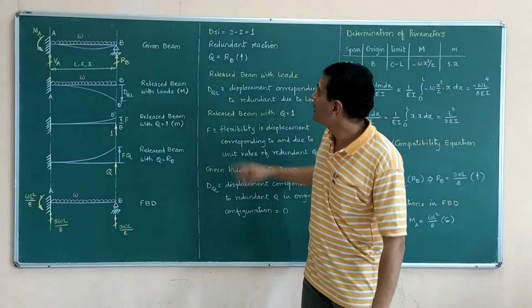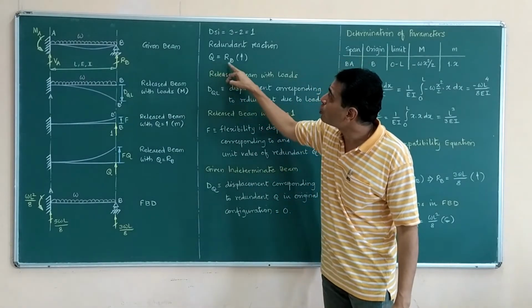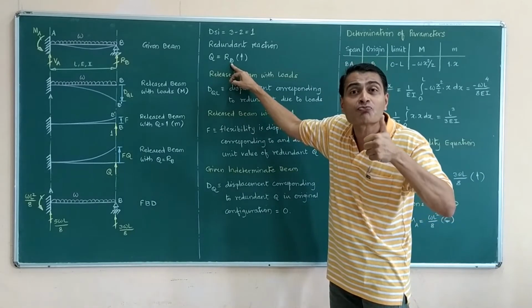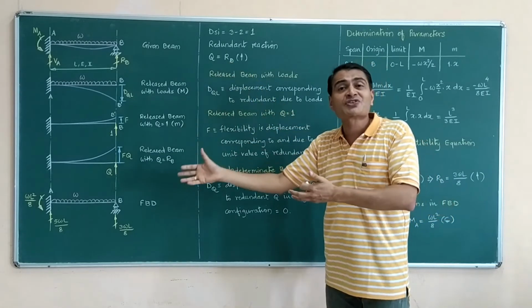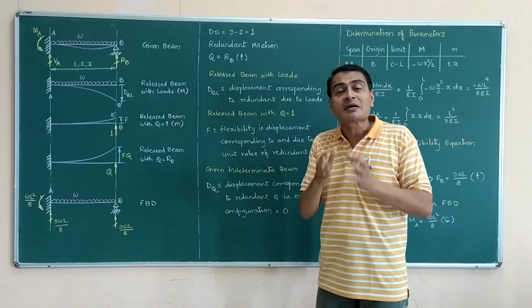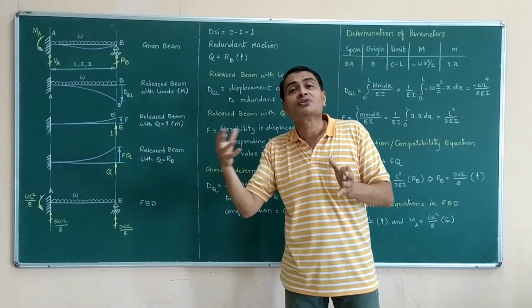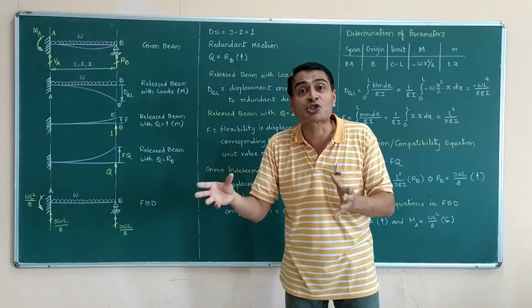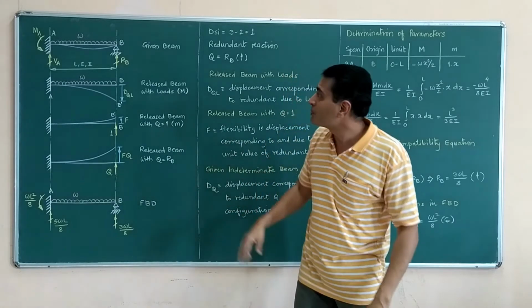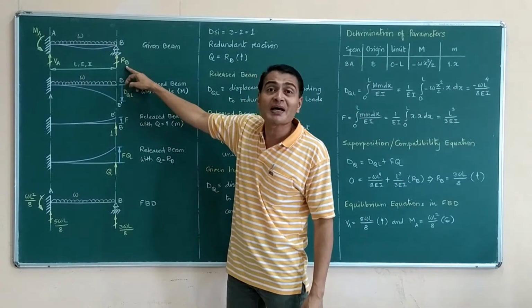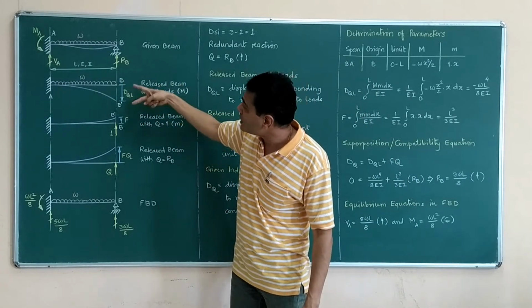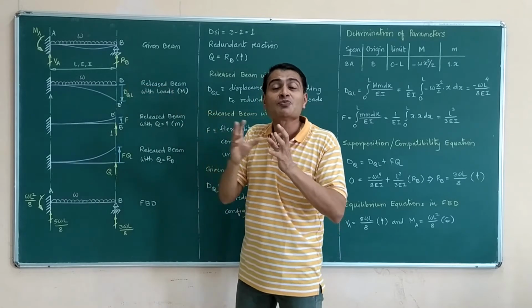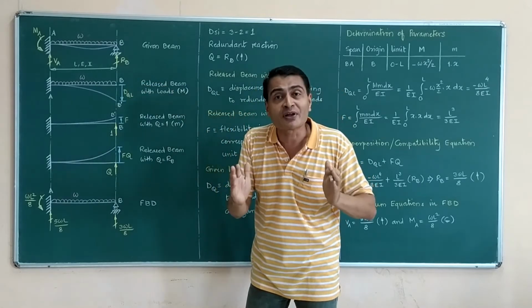Try to understand, my redundant force is RB. It is not a couple moment, it's a force. And as we discussed a couple of minutes back, corresponding to force, the displacement is deflection, translation. So if RB is my redundant, corresponding to RB, this particular deflection is my displacement under consideration.